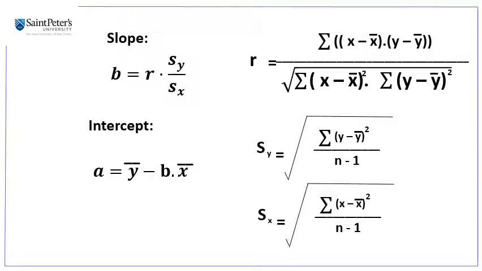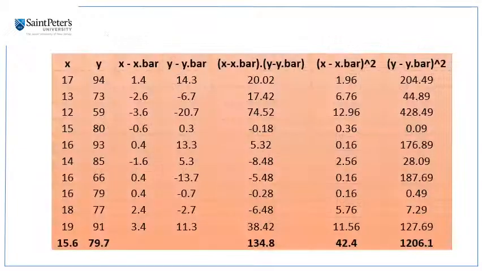Here are the formulas we are going to use for our data, and for the correlation we are using this formula. This is somewhat different from what we learned earlier, but both are the same. Here is our data. For x we got the average 15.6, and for y we got 79.7.